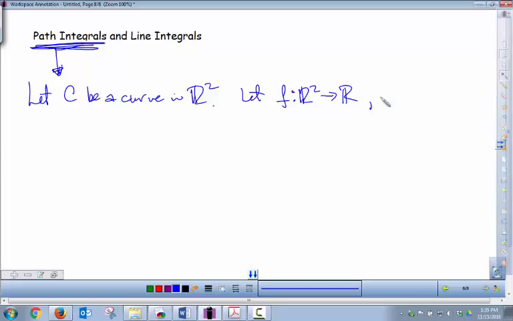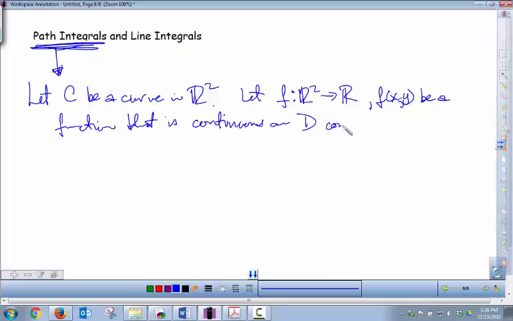So we can write f of x, y be a function that's defined and continuous and all those nice things on a domain D that contains the curve C.